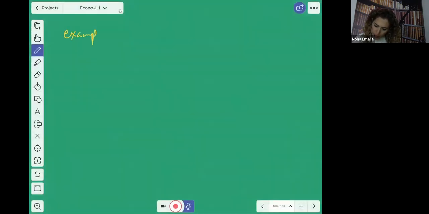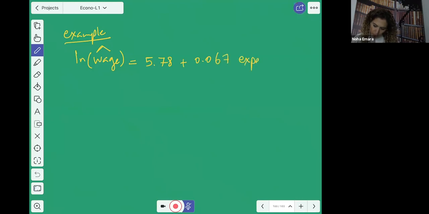let's see this example. Now I have y as the log of wage. And this is the model we have for today's practice, wages. And then we have an intercept 578 plus 0.067 experience.